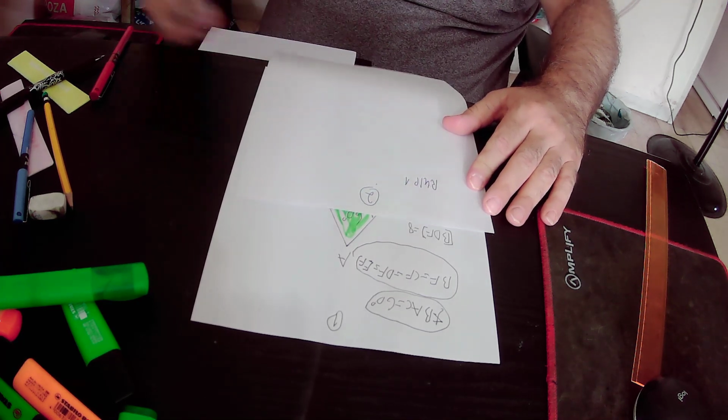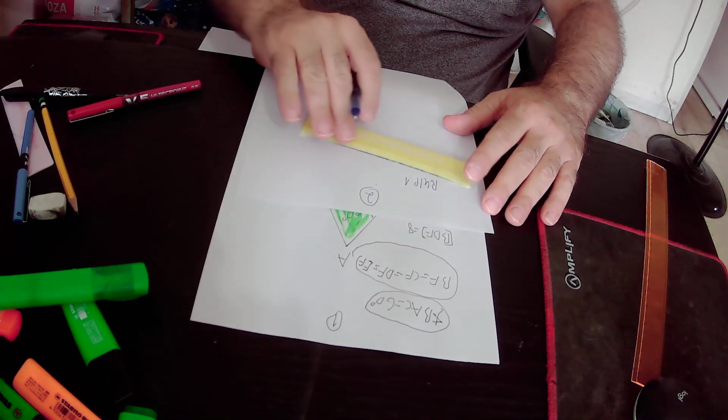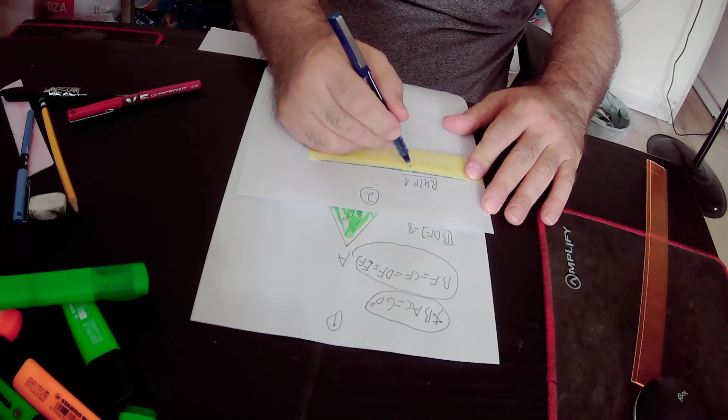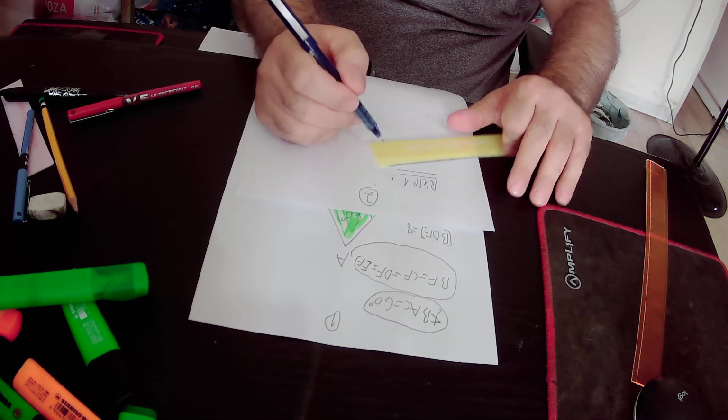Rule number 1 states that the sum of the angles in a triangle is equal to 180 degrees.